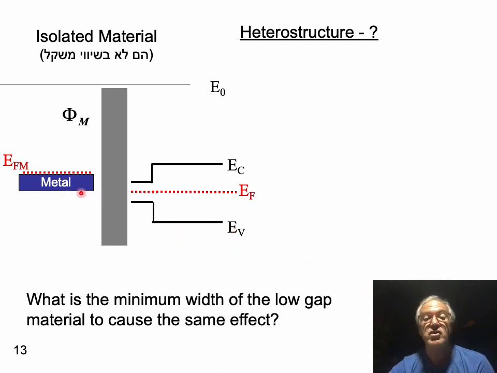And the question is, is this metal going to be pinned to the conduction band of the low band gap material? Or we could ask ourselves how wide or how thick this layer needs to be in order to be significant and to pin this metal.